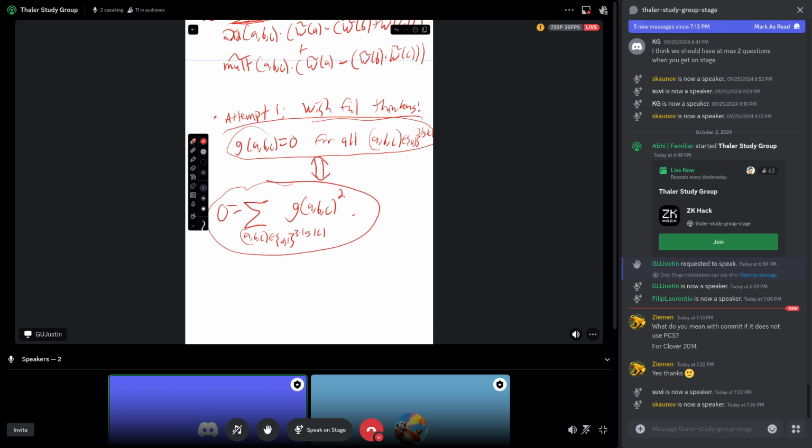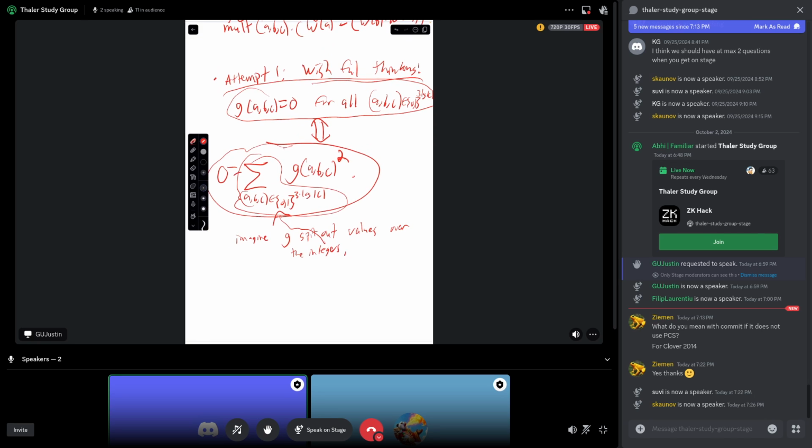Okay, and it sort of almost is. Imagine for a second that G spit out values not in a finite field, but over the integers, so that this big sum was over the integers. Then actually this equivalence would hold.